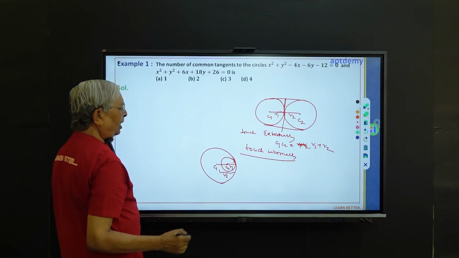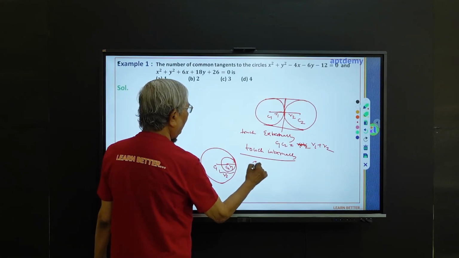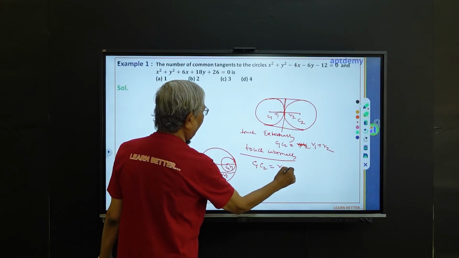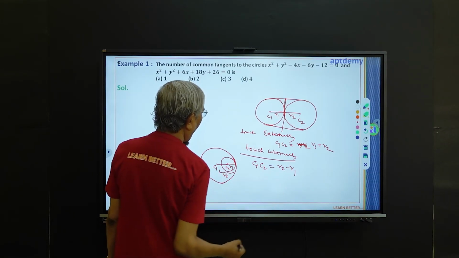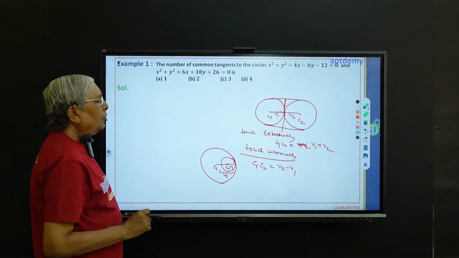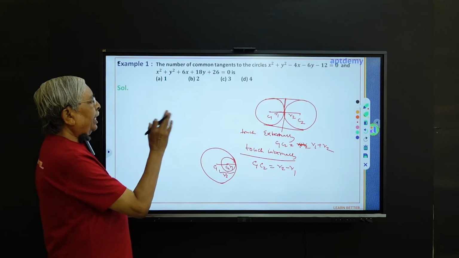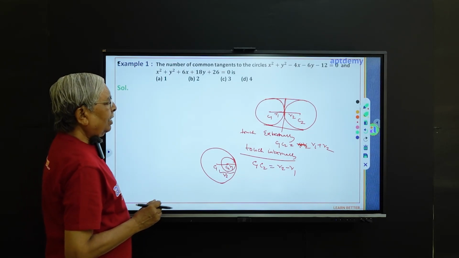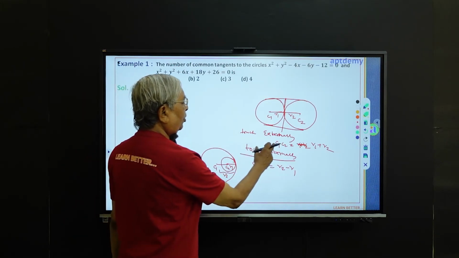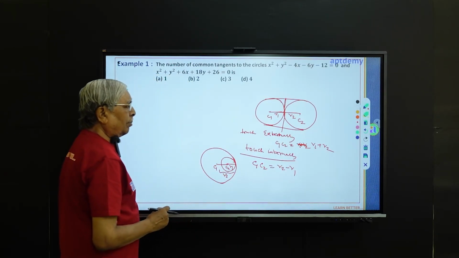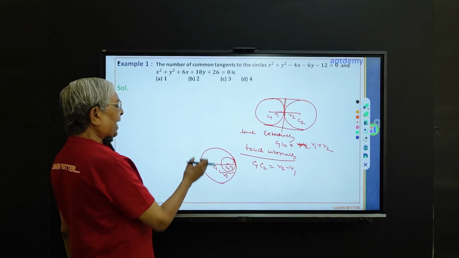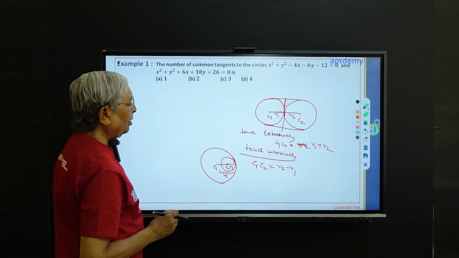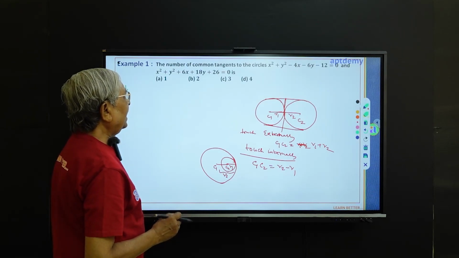If they touch internally, then the distance between the centers must be equal to the difference of the radii. So, if the two circles touch externally, the distance between the centers must be equal to the sum of the radii, and if they touch internally, then the distance between the centers is equal to the difference of the radii.